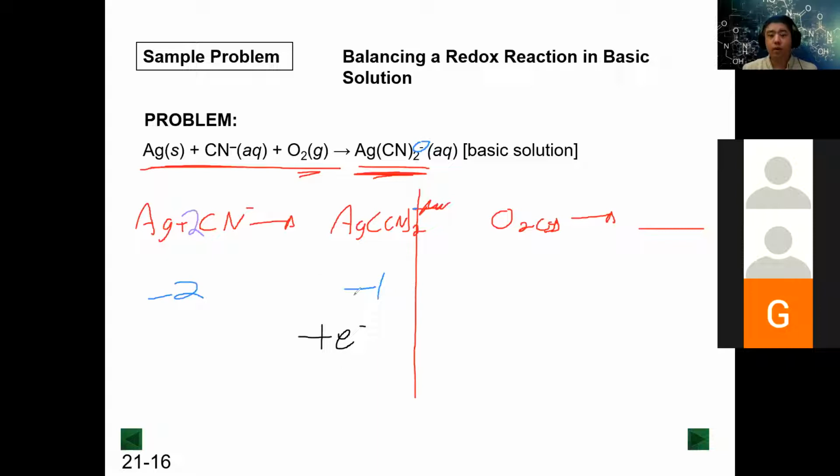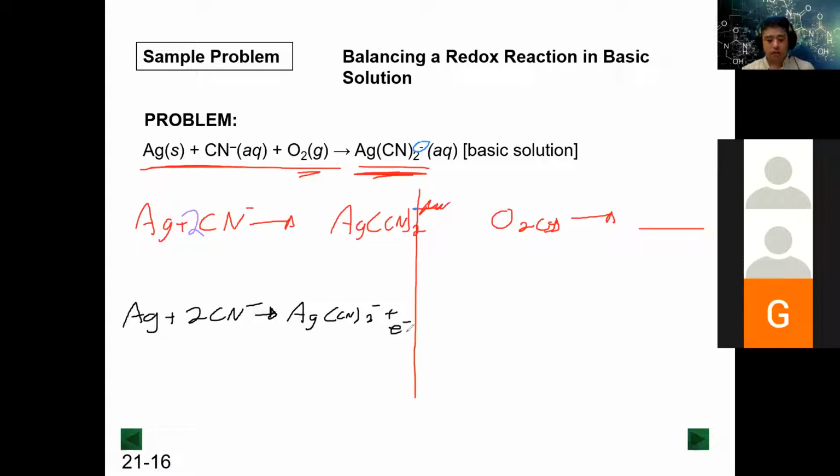Okay, 1 on the right side. So let me rewrite my entire equation just so I have it. I'm also going to clear this part out so we can just go ahead and write it here. So I have Ag plus 2CN minus changes into Ag(CN)2 minus, plus an electron. Okay, any questions on that so far?